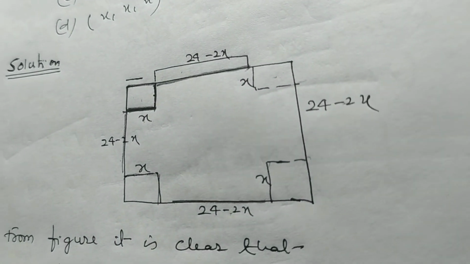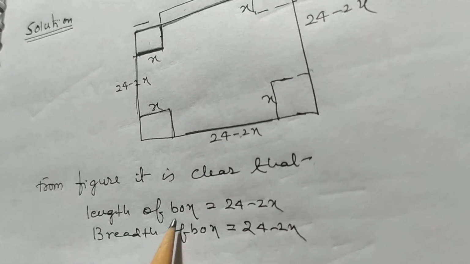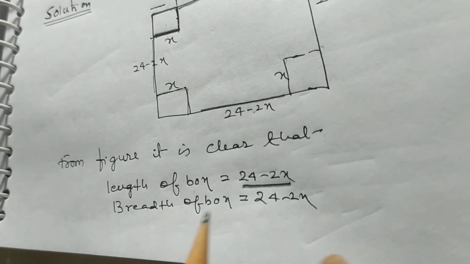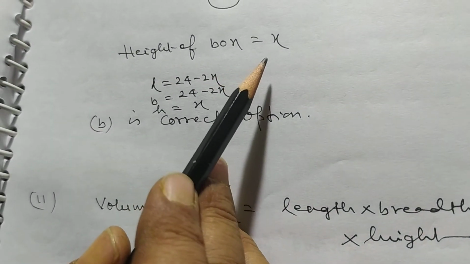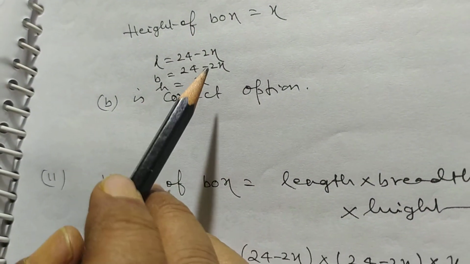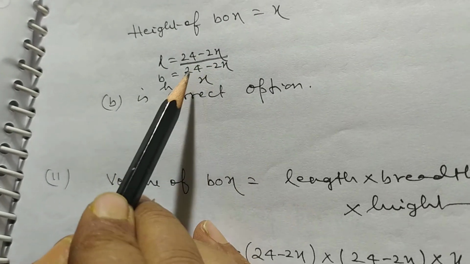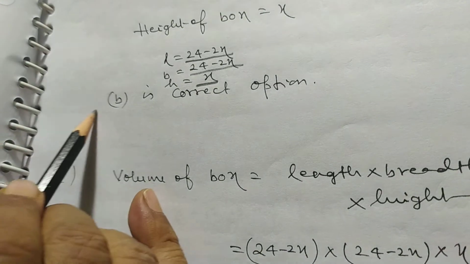So now what do we observe? We observe that from the figure it is clear that length of the box is 24 minus 2x, breadth of the box is 24 minus 2x and the height of the box will be x. So now the dimension of the box will be 24 minus 2x, 24 minus 2x and h is x. So option B is correct.